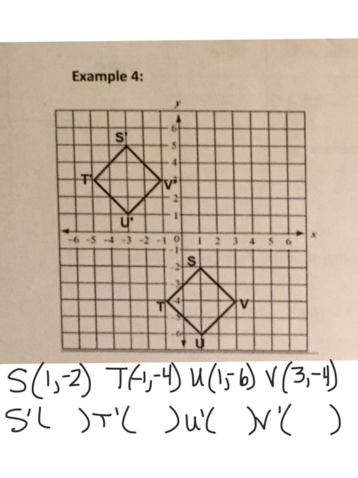Let's take a look at one more example, and we'll just do one ordered pair. Let's look at the ordered pair V. V is the ordered pair 3, -4. Let's look at V prime. V prime is the ordered pair -1, 3.